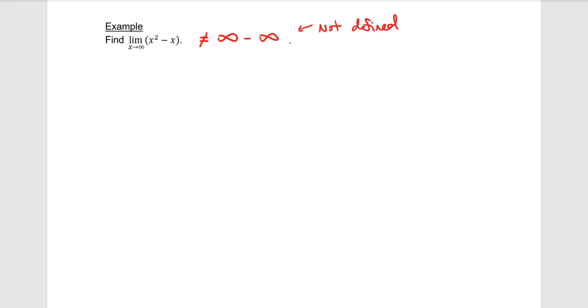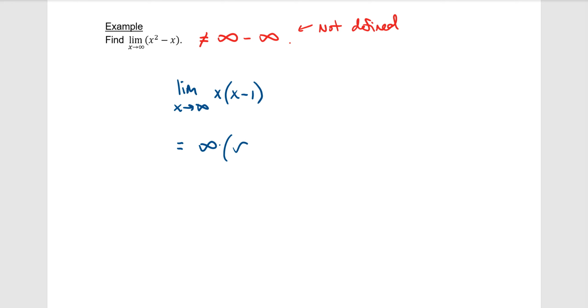So what we can write, which may be a little bit less obvious here, is we can write this as the limit of x times x minus 1. All we did was factor out an x using GCF. So this is kind of like saying, once again, we cannot plug in infinity, but let's say we could plug in infinity.